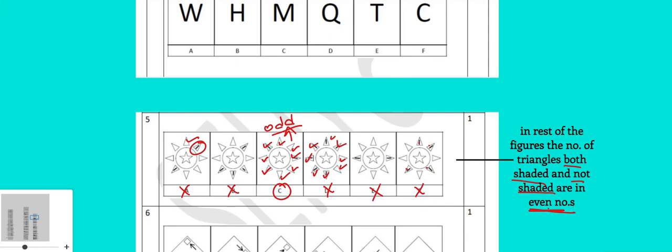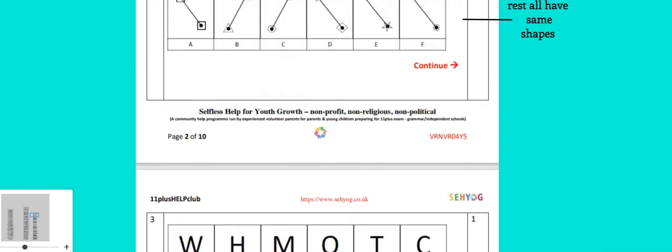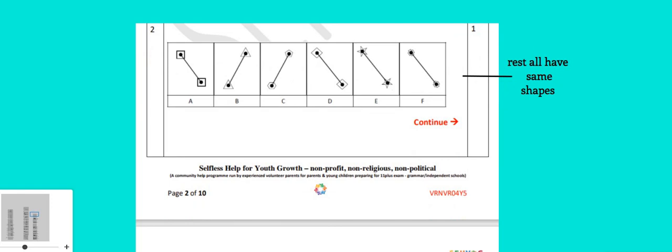Now moving on to our last example under the topic odd one out. In example number 2 here, we will notice that it is a simple example. Here we can see that all of them have same sided figures except for the answer one. So here we have 4. Here we have two triangles, which makes it 3 and 3.